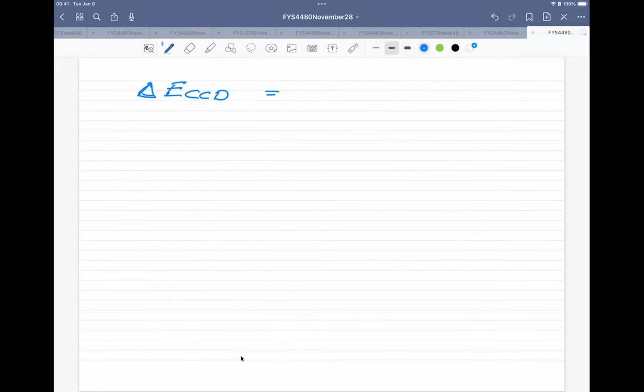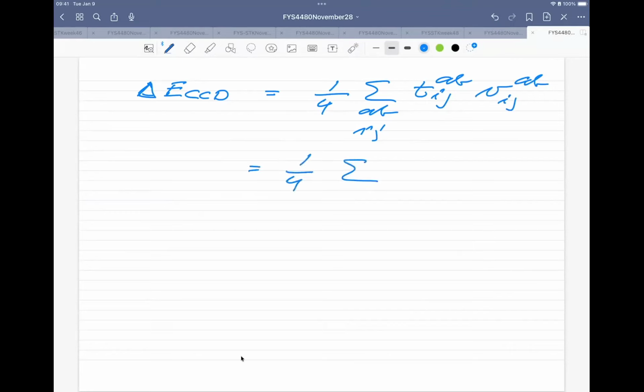So the energy was 1 divided by 4, and this is ABIJ. So let's just rewrite it, E, IJ, AB, and then I have this element. I can just write it like this now, IJ, AB. And this is going to be 1/4, and there's a summation over I and A. And what I have then is TIA of VAI.